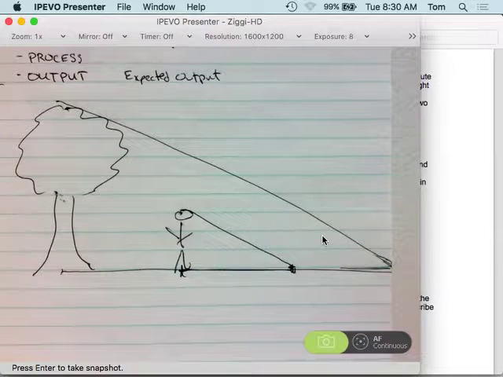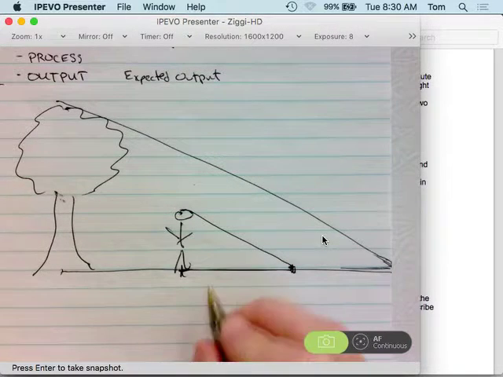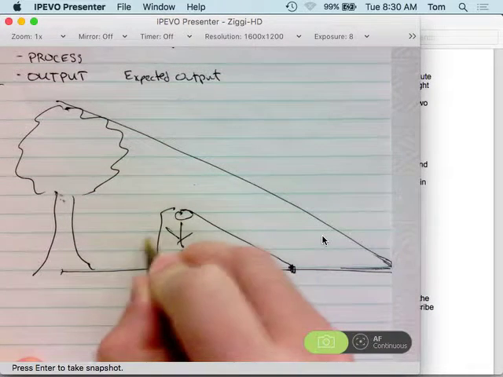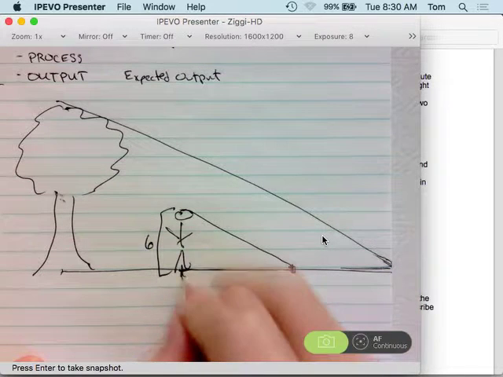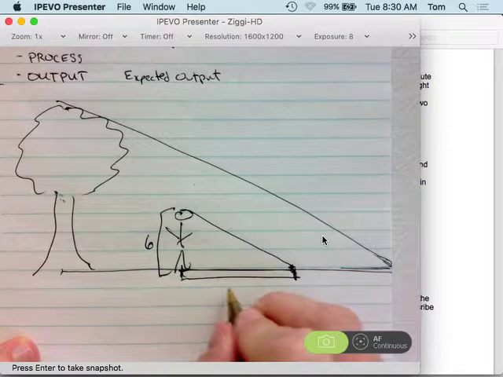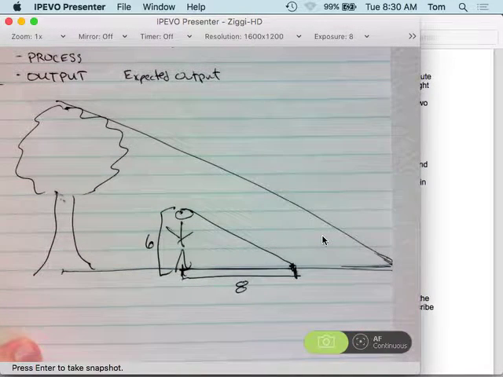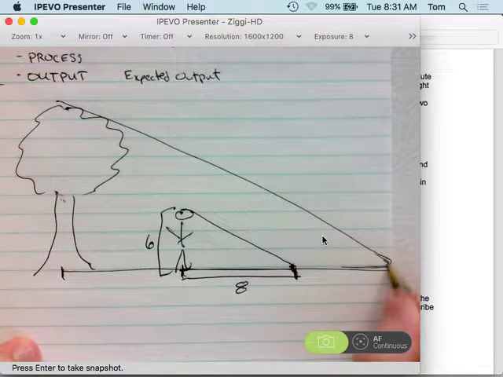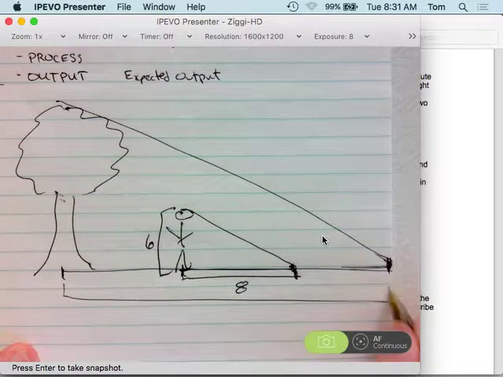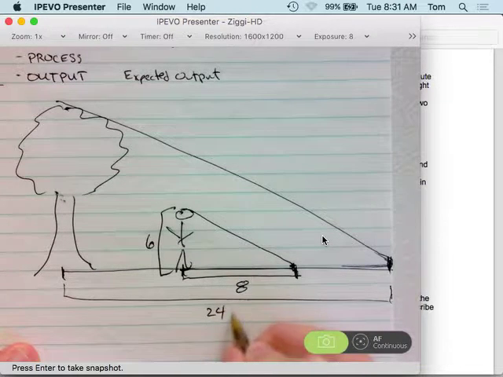Why do we want to know how tall the tree is? Because we stuck our frisbee up there and we've got to get it back, and we've got to figure out how big of a ladder we need. So I know that I am 6 feet tall, I wish, and my shadow length right now is 8 feet long. And this tree has a shadow length of, let's say, 24 feet.